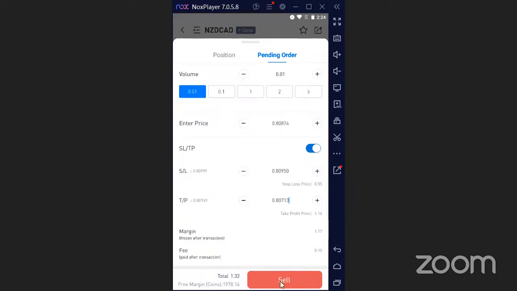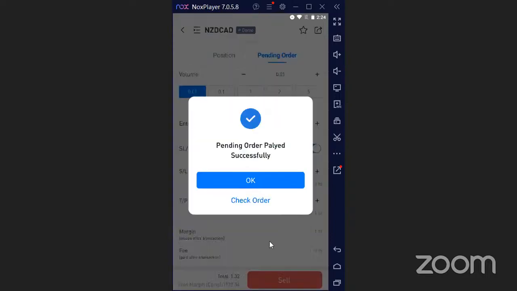If I click on sell now, let me change my stop loss. Right, so sell, and you see pending order placed successfully.